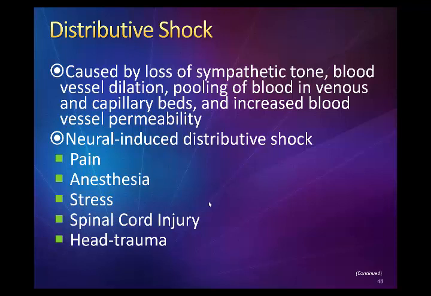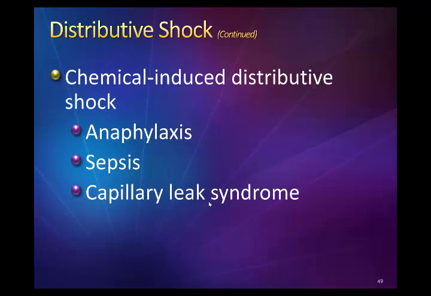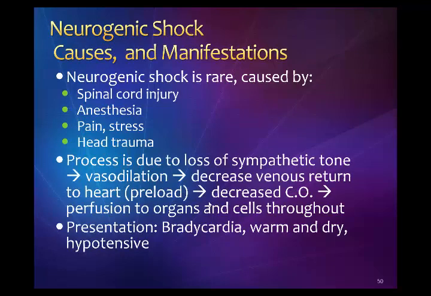You can see it in head trauma too, but I've never seen it with stress, anesthesia, or pain. All right, so the three types that we're going to talk about: neurogenic, anaphylaxis, and sepsis, and we won't get into capillary leak syndrome.